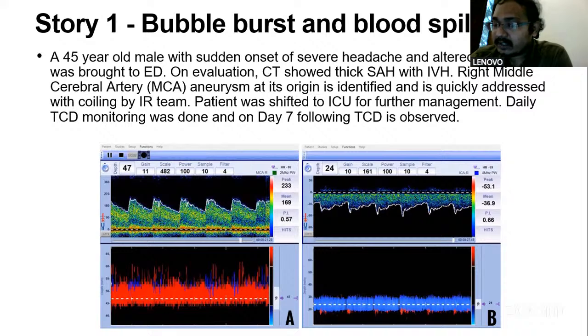So it comes to around 4.5. Any Lindegaard ratio more than 3 qualifies for vasospasm. 3 to 6 is mild to moderate vasospasm, and more than 6 would be severe vasospasm. So in this case, we have mild to moderate vasospasm.